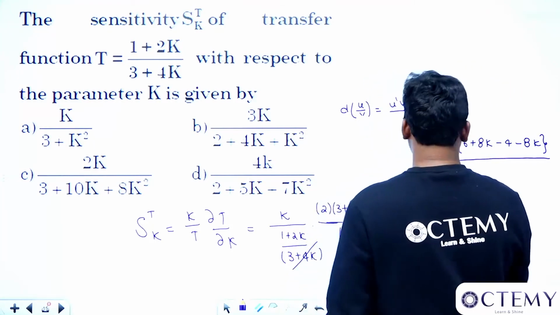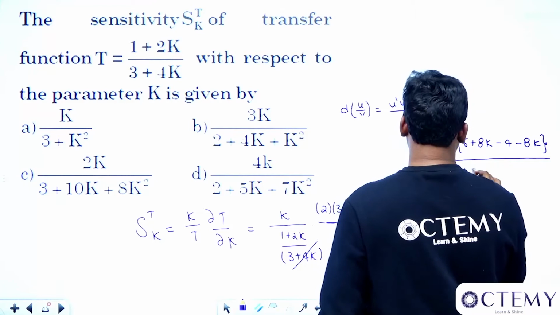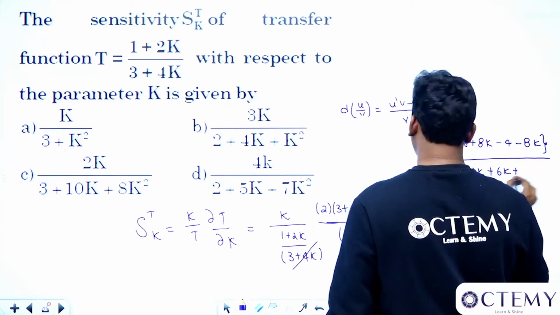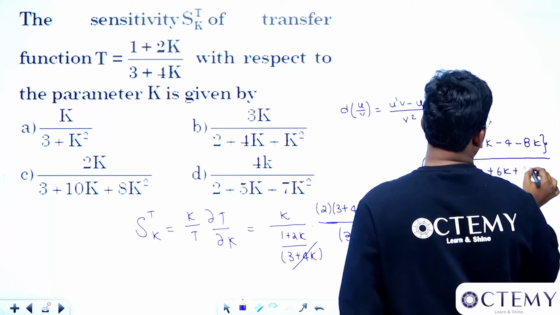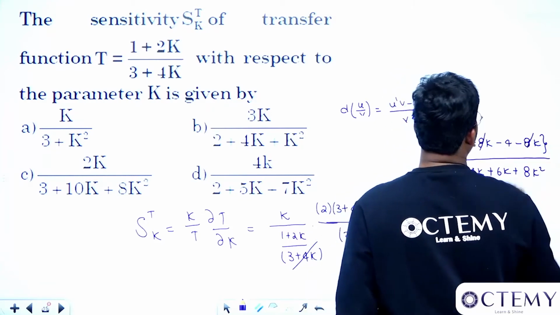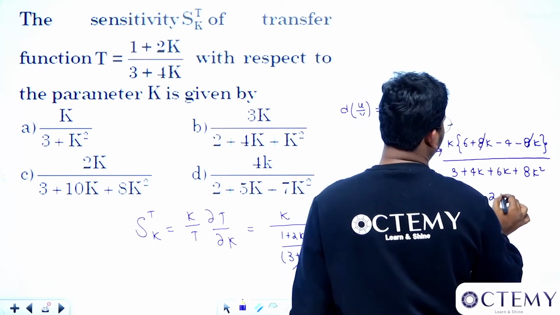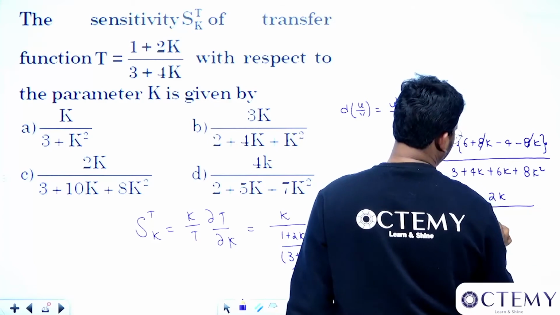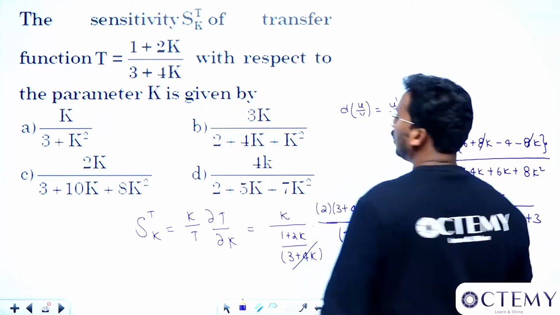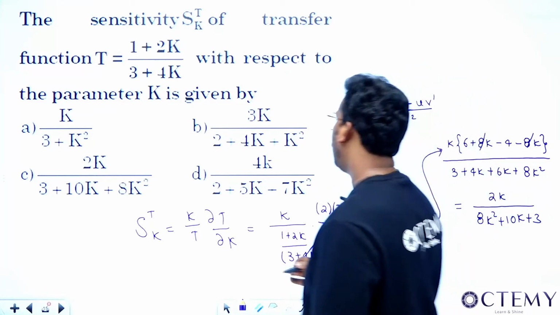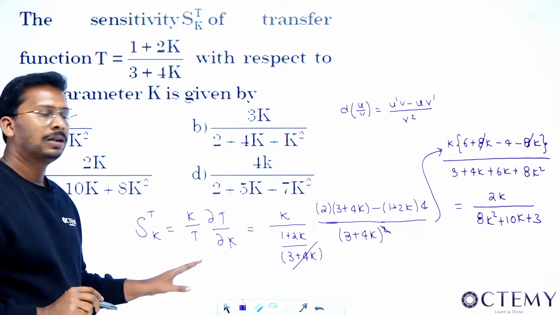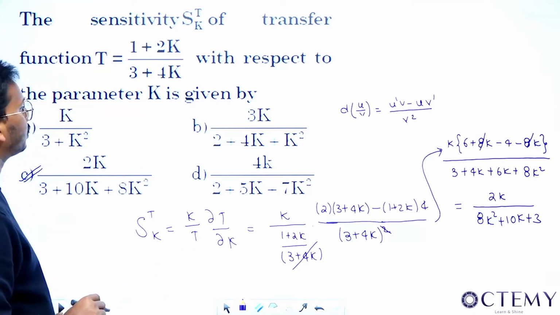That means basically 3 plus 4K plus 6K plus 8K square. So this should be equal to what, sir? The 8K cancel. This would become 6 minus 4, 2K divided by 8K square plus 10K plus 3. So 2K divided by 8K square plus 10K plus 3. This is the answer, sir. Right? A very direct formula, directly substitution, sir. This was a previous year question.